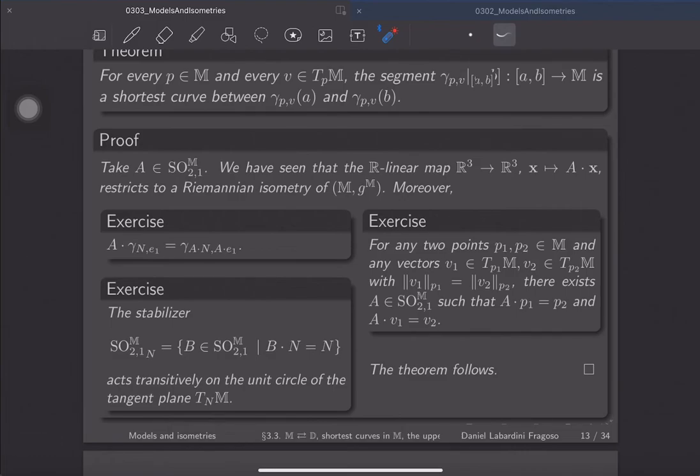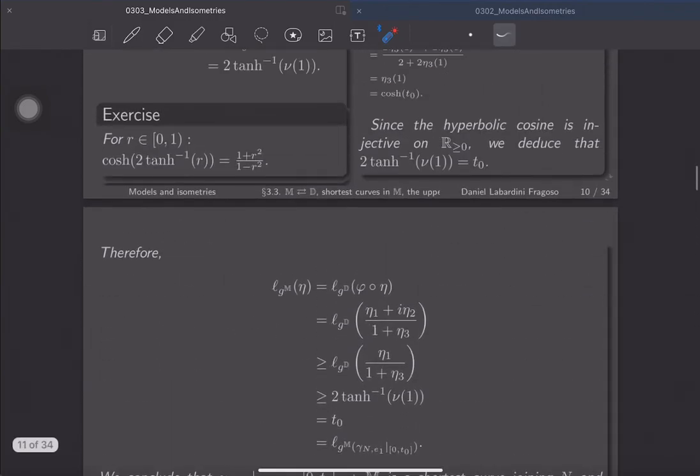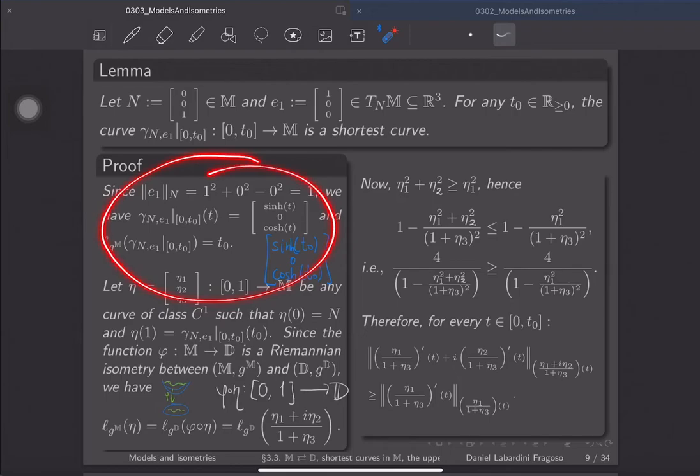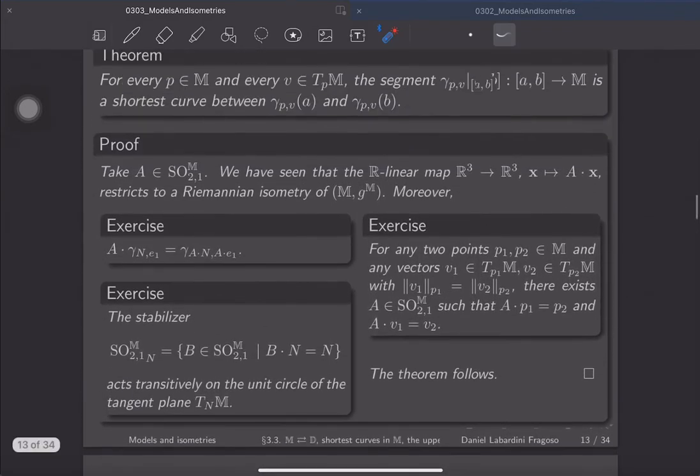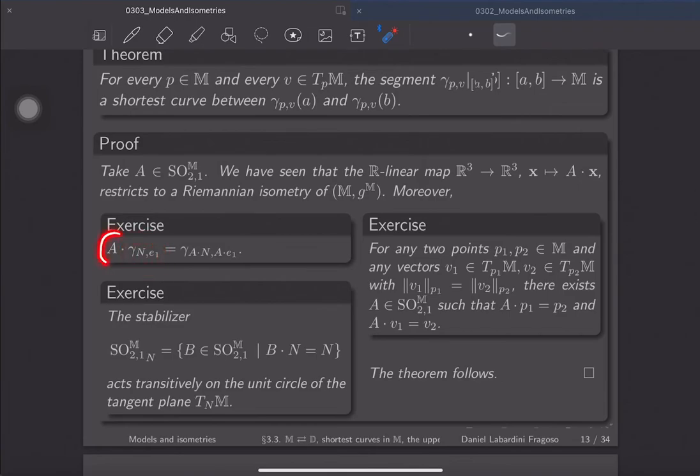So the first exercise that I think is really nice is that if you take the curve that we just worked with, this special curve that starts at the north pole with the initial tangent vector (1, 0, 0), the one that we studied here, and you multiply it with a matrix in the restricted Lorentz group, that gives you precisely the candidate curve that starts at A times n, the image of n under that element, with the corresponding initial tangent vector.